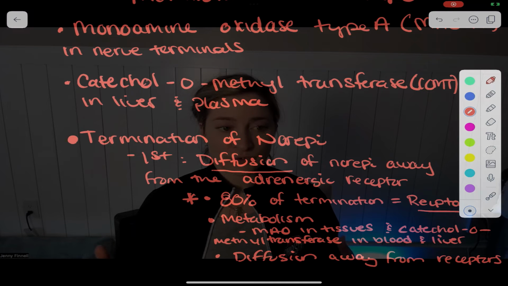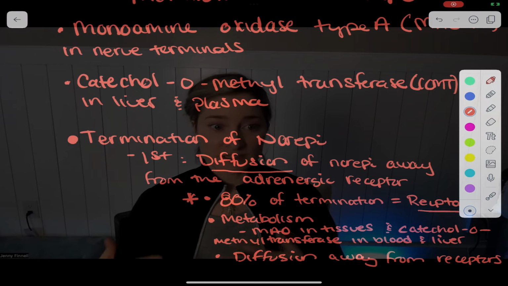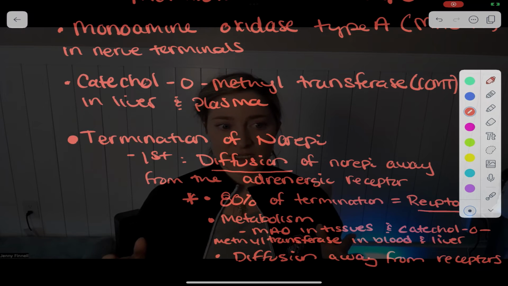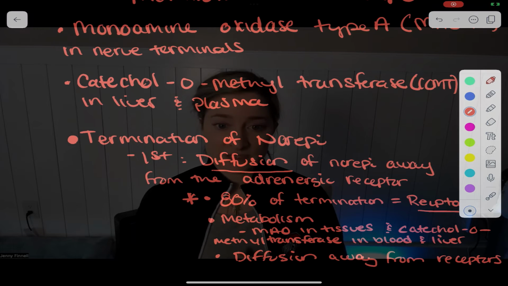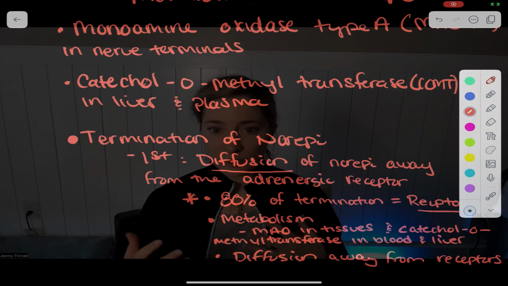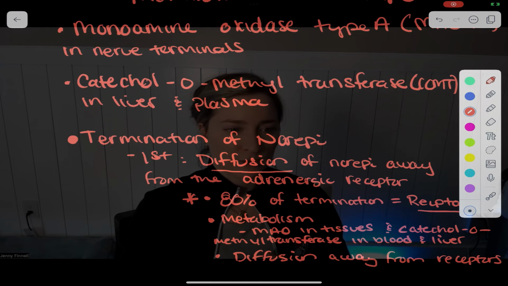You have the metabolism of norepinephrine with the breakdown with enzymes such as the MAO-A or the COMT. You have the diffusion away from the receptor sites, and the biggest one is the reuptake, which accounts for 80% of its termination. So that is how norepinephrine, again, is kind of broken down and terminated within your body.